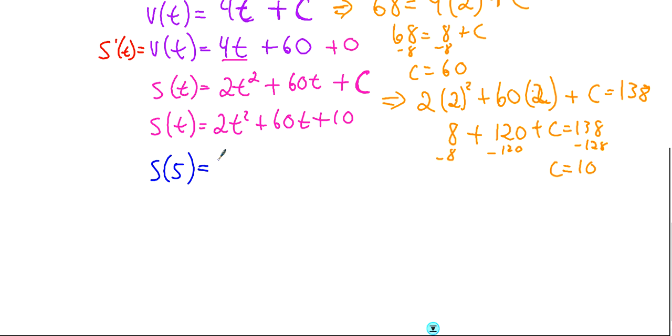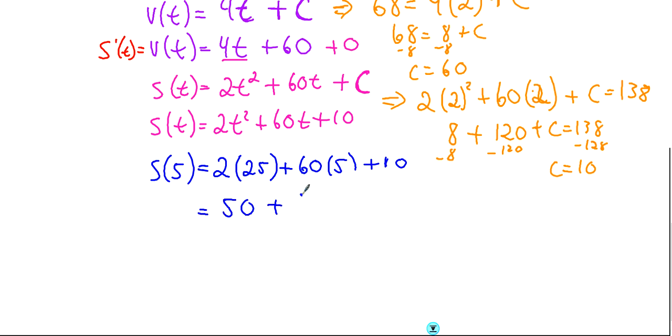So plug in 5. So this is 2 times 25 plus 60 times 5 plus 10, which is 50 plus 300 plus 10, which is 360 meters.